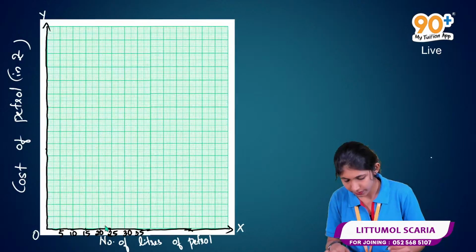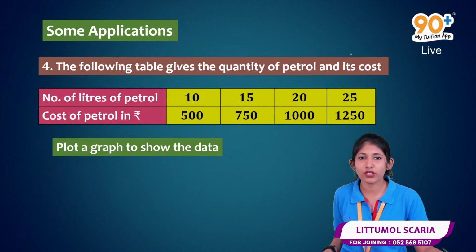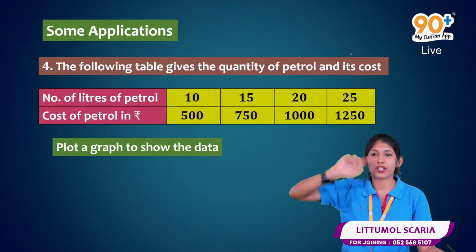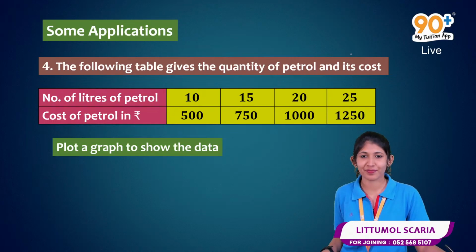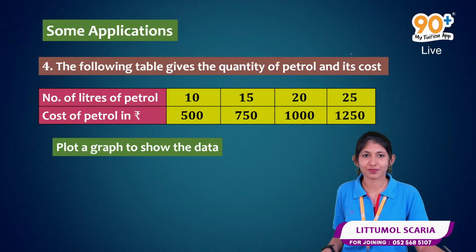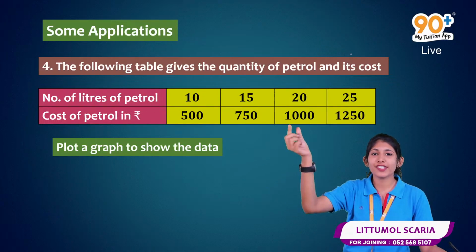Ma'am, on the y-axis, you can take 100, 200, 300. What's the problem if we take 100, 200? Or you can take 500, 750. What is the difference between 500 and 750? 250. Now what about 750 and 1000?